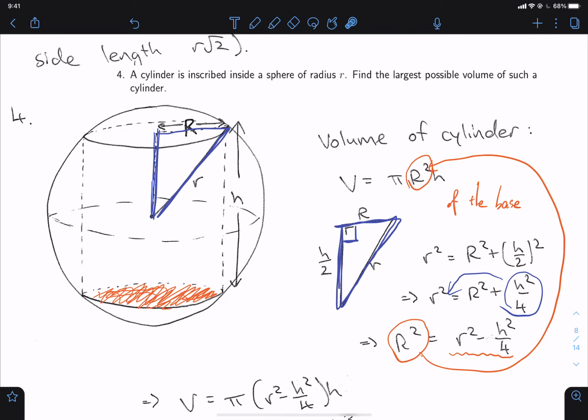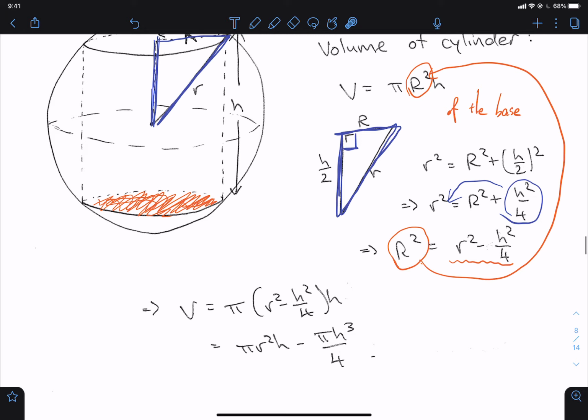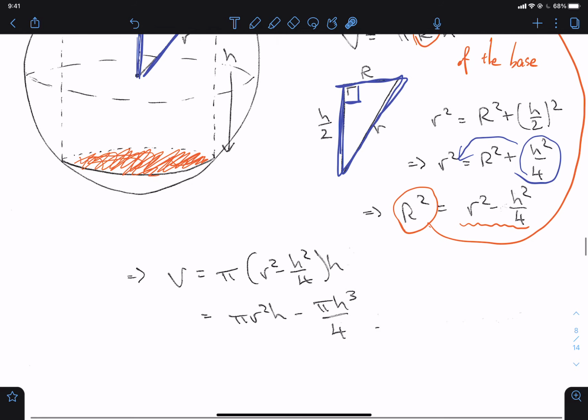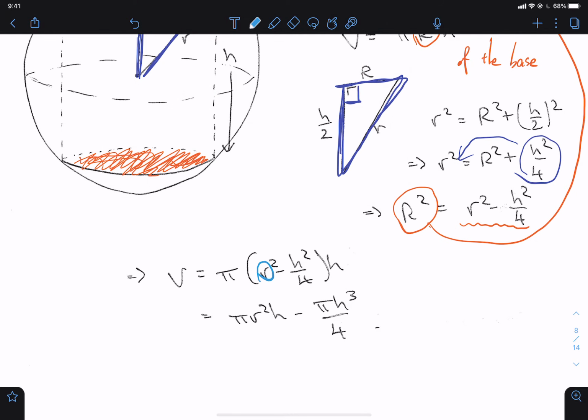It does not change. So by substituting this for R squared, we manage to eliminate one of the variables, R. We only have one variable, h here. So that is why we did that. Okay, so remember this lowercase r here is a constant, right? Constant.